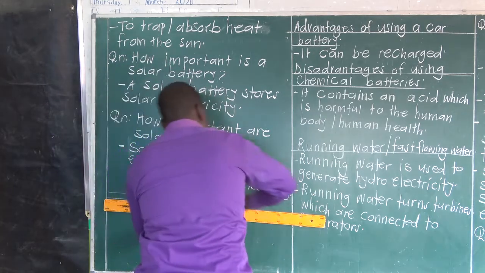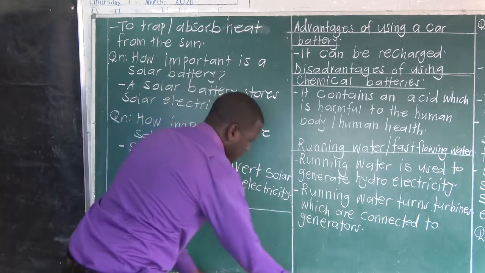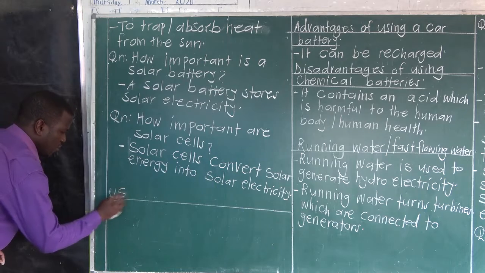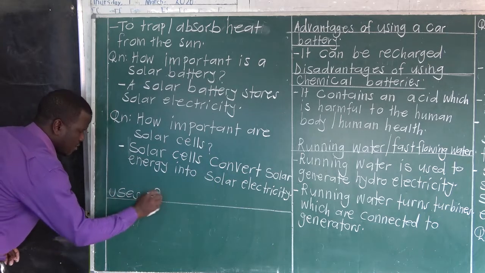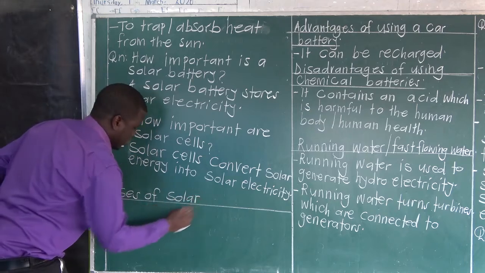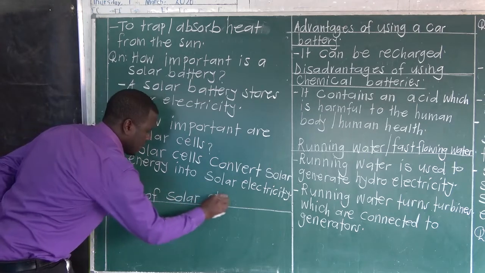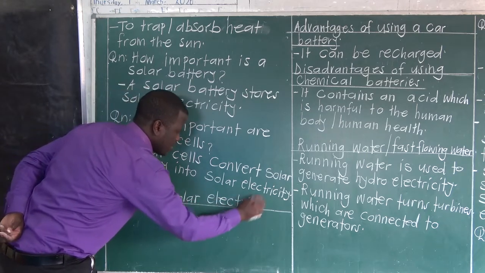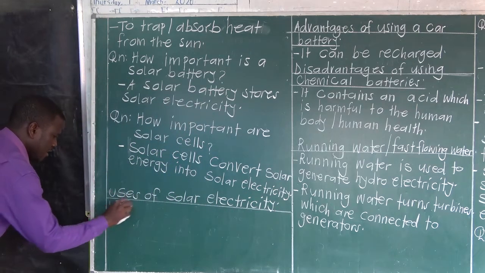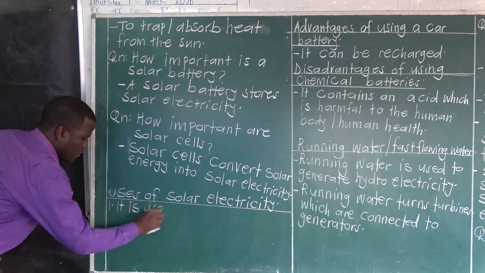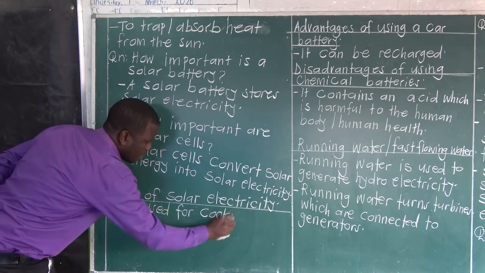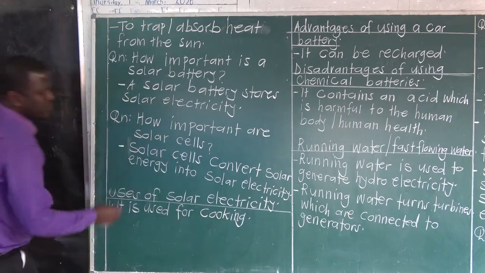We're only going to give two uses which are common. Uses of solar electricity. One, we've said it is used for cooking. It is used for cooking food.